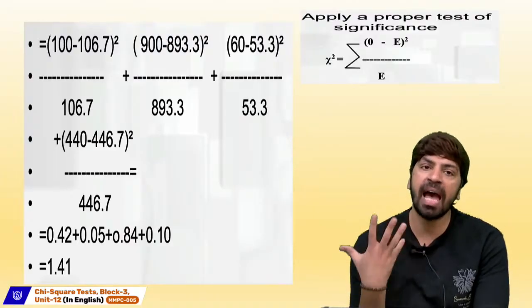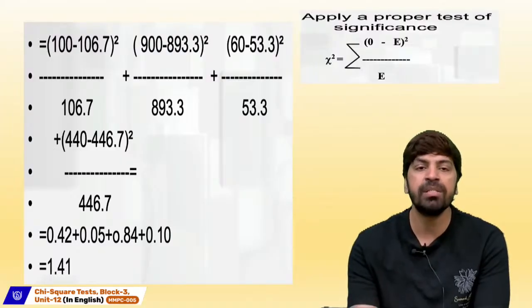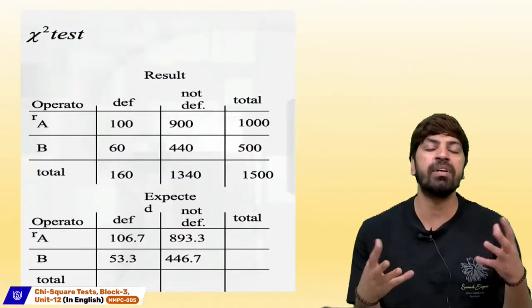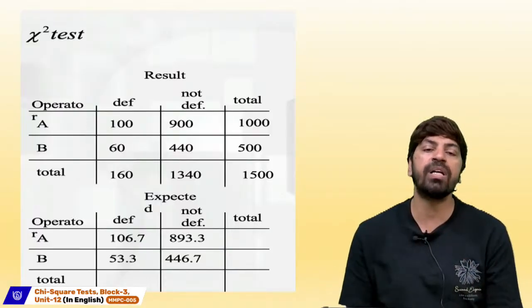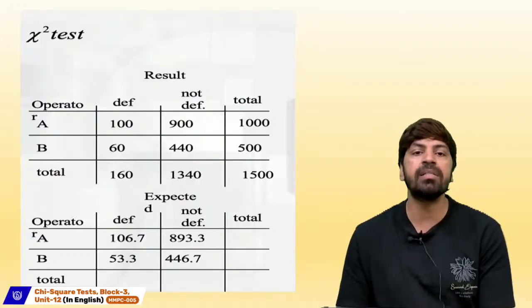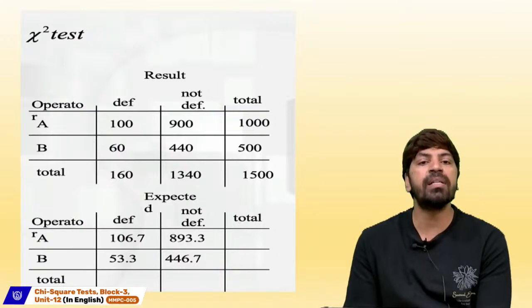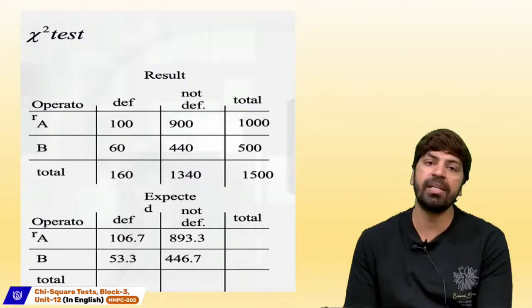We already have the observed frequency and expected frequency. We just take the difference of observed and expected: 100 minus 106.7, then 900 minus 893.3, 60 minus 53.3, and 400 minus 446.7.